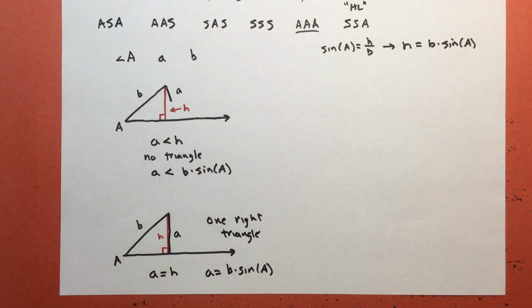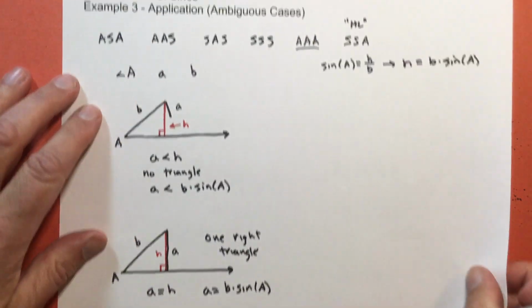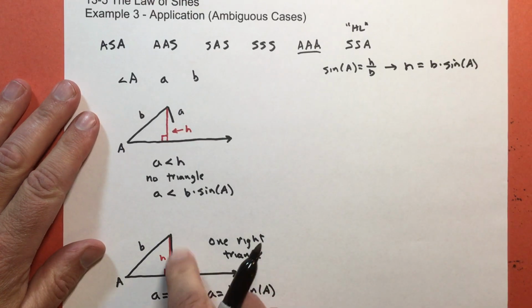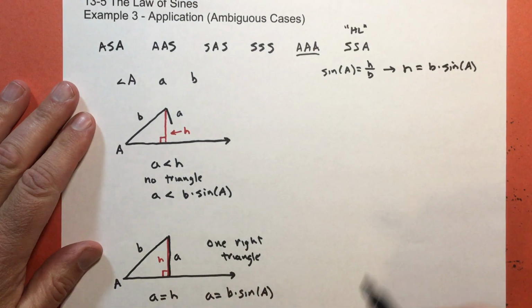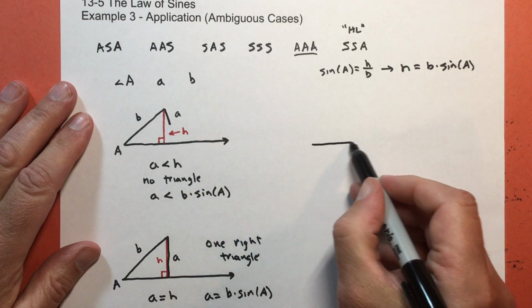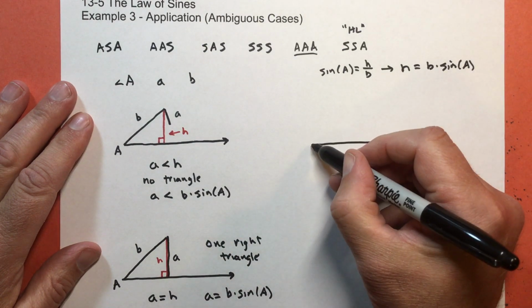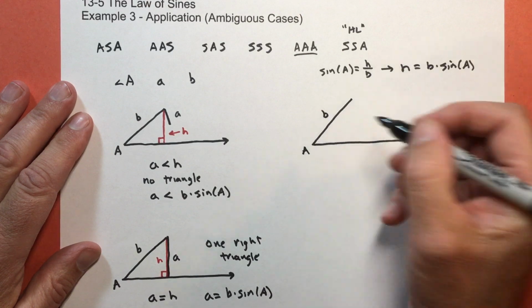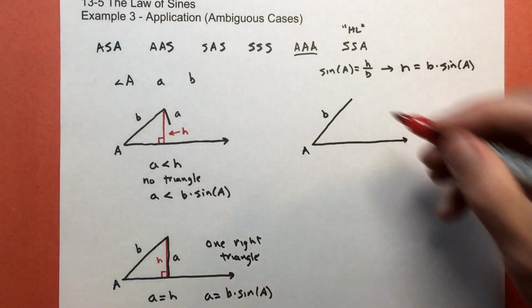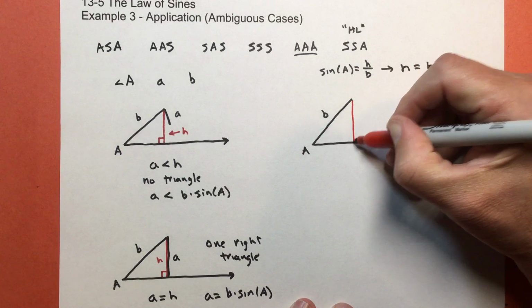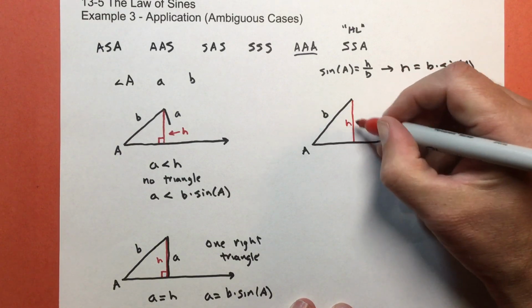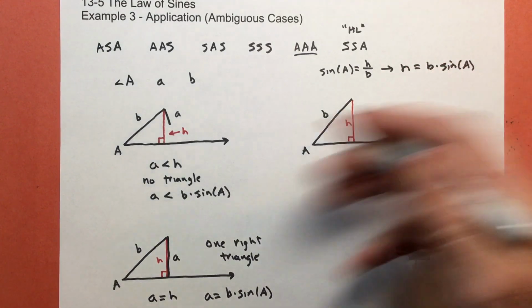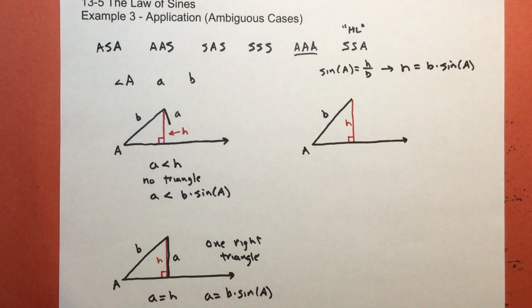Now this is the part that gets a little confusing. What happens if I stretch this side a little bit further? So I'll try to draw that again. One more time, here's my angle A. This is my side B. And again, this is my height. Please notice that I didn't measure anything. I'm just giving you ideas here, okay?